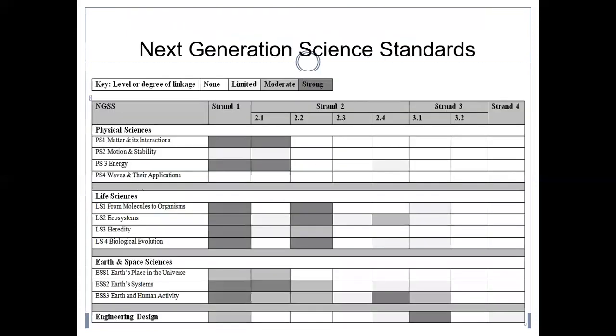In the same way that they looked at some of those skills in the Next Generation Science Standards, the committee that is revising this is also looking at how the content shapes out.